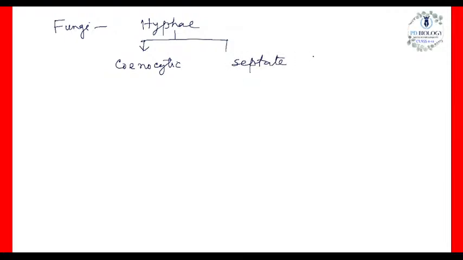Cenocytic hyphae are aseptate. Most fungi are saprophytes. Some are symbionts, as in lichens, which are an association of fungi and algae. Another example is mycorrhiza.